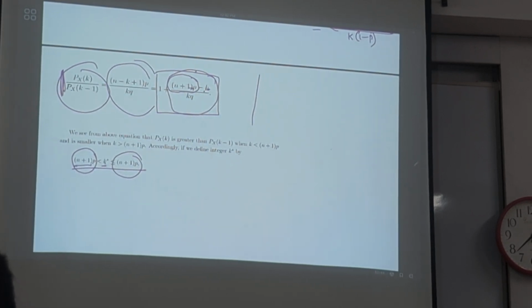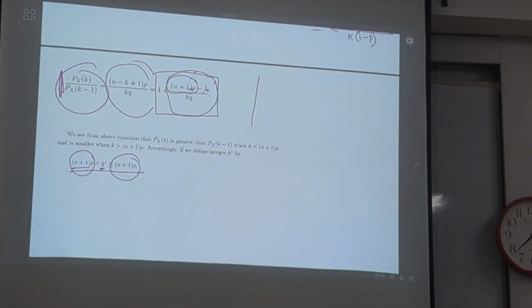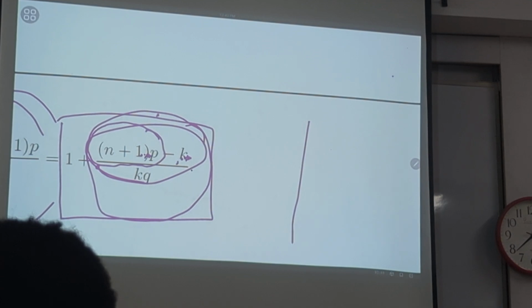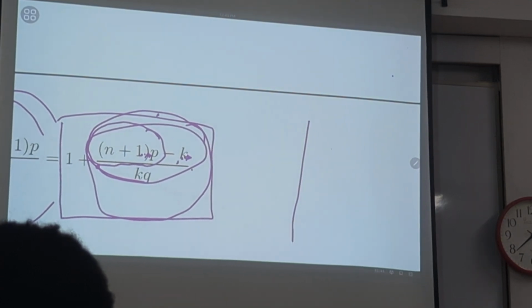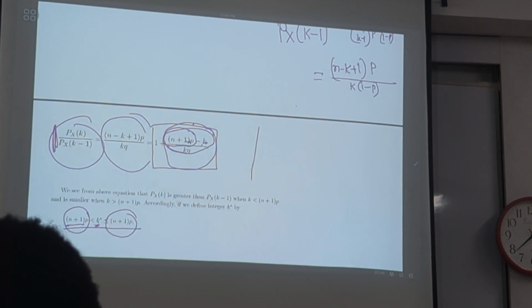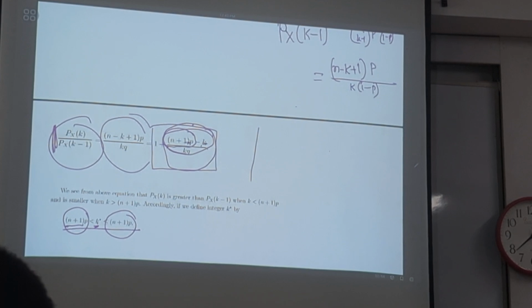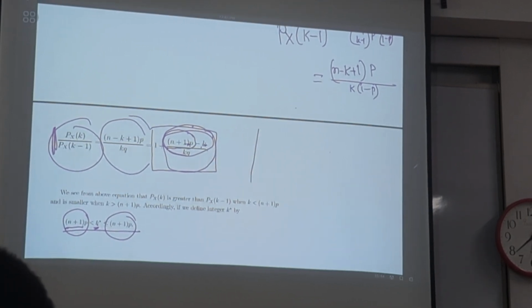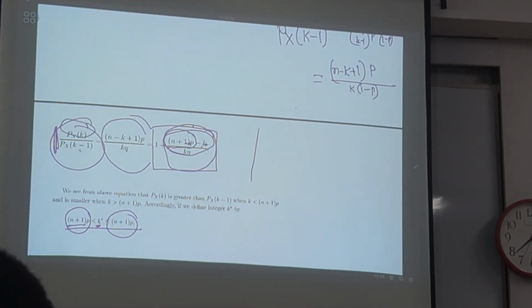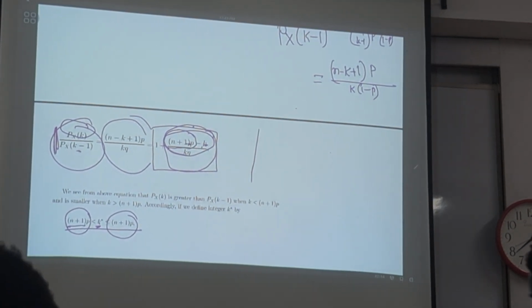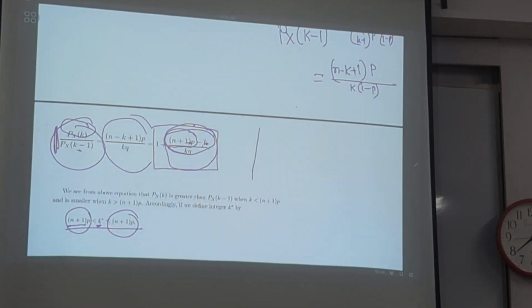See? It comes from here. If the ratio is greater than 1, then the numerator is greater than the denominator. If the ratio is less than 1, then that means the numerator is less than the denominator. This is a simple one, right?